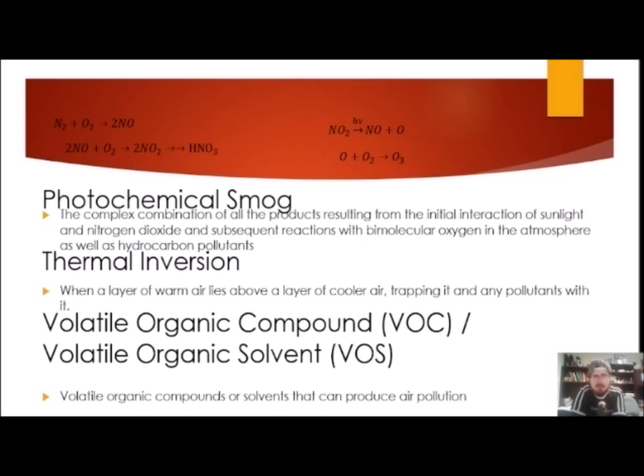We also have things like volatile organic compounds and volatile organic solvents, VOCs and VOSs, that can produce air pollution, like paint thinner, roofing tar, other petroleum distillates, various solvents and propellants, nail polish, aftershave, hairspray, insecticides, all these things that can go into the air and cause pollution and bad effects.